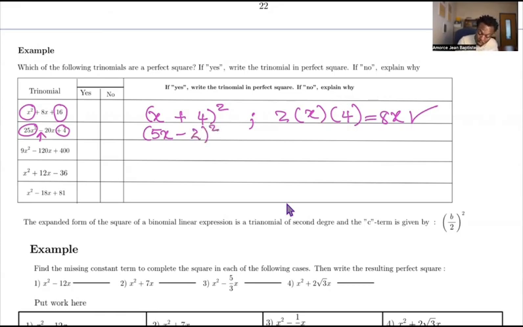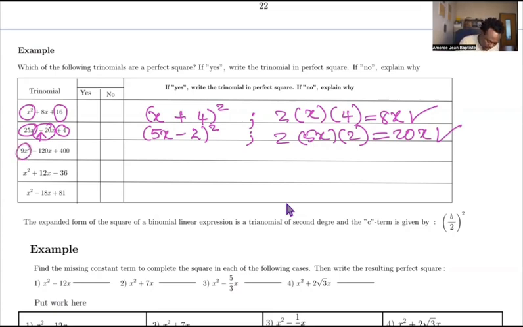That's what we have, but we're not sure yet until we verify that negative 20, or 20 if you want, will be 2 times 5x times 2, which is 20x. Also checks.